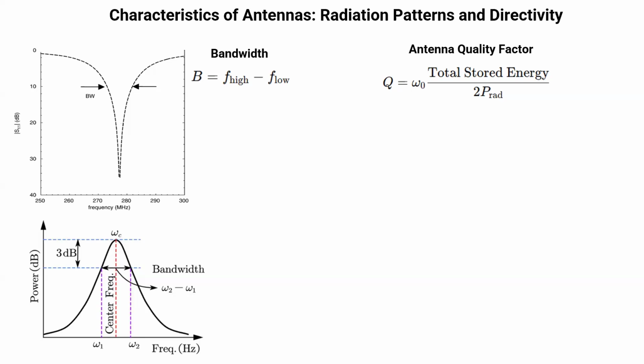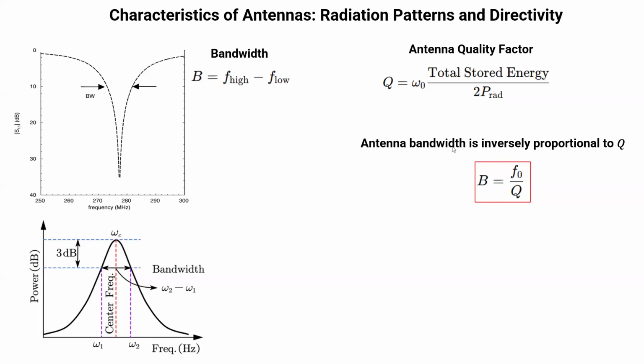However, in the antenna community, we also use this quality factor, but here the higher quality factor, the worse, because a higher quality factor means larger stored energy in the system, and this is not what we want from the antenna. We need this energy to be radiated, not stored.